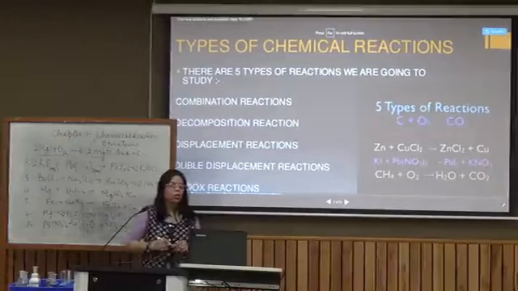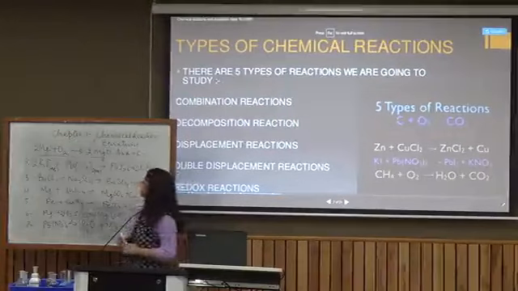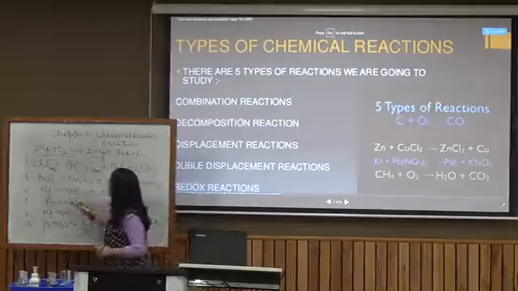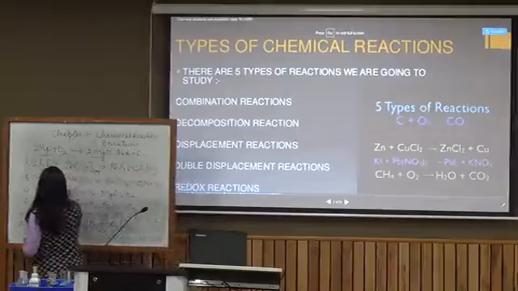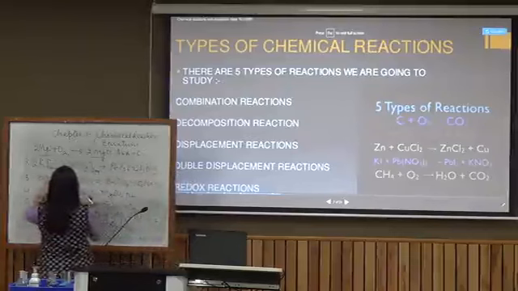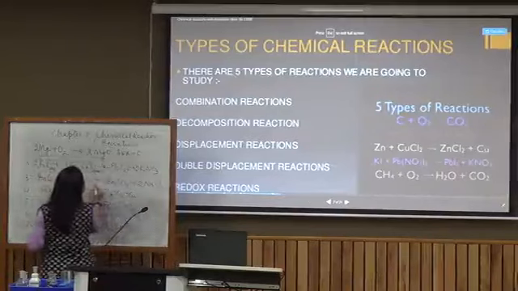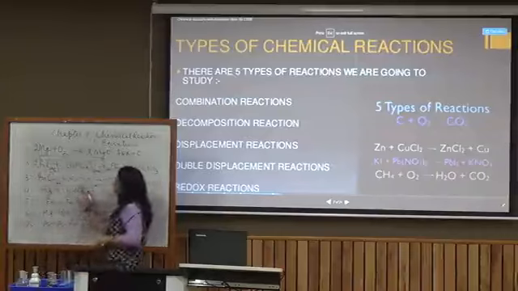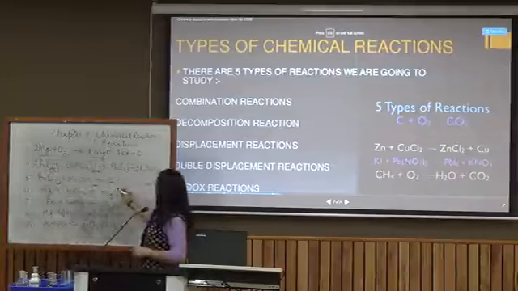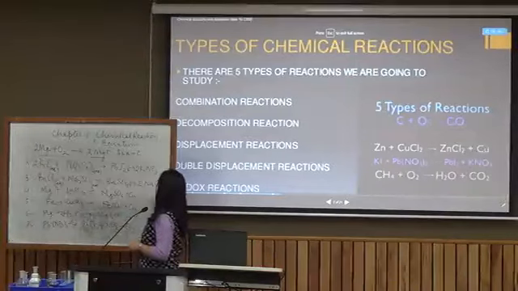Such reactions are called as double displacement reactions. This one is also a double displacement reaction because the barium ions and chloride ions are produced by barium chloride, sodium ions and sulfate ions are produced by sodium sulfate, and the ion exchange leads to formation of a precipitate of barium sulfate and a solution of sodium chloride.